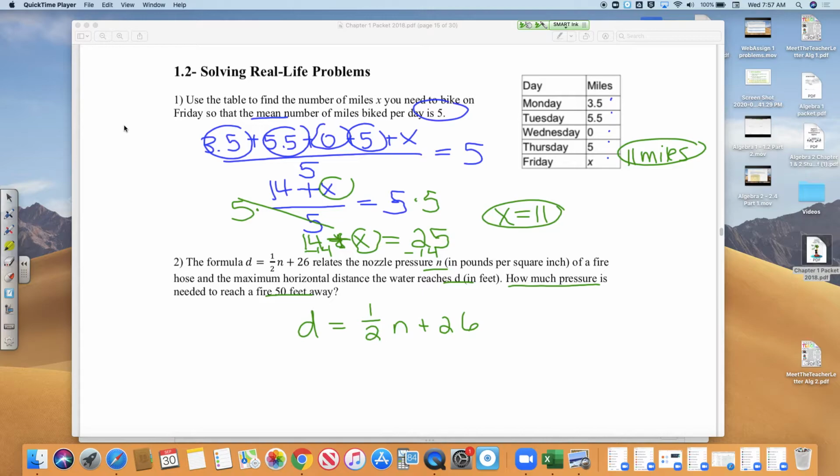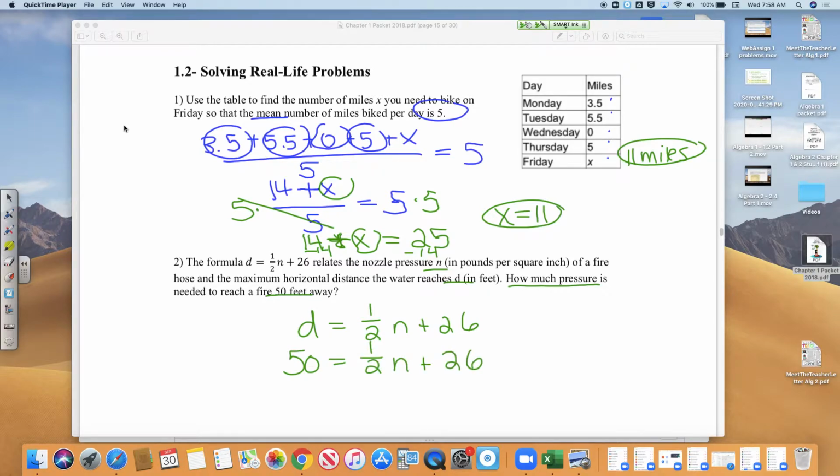So the first thing I'm going to do is realize that that 50 needs to be substituted in for one of the variables. And you need to decide, will it go in for D or will it go in for N? Well, I think that it will go in for D because D stands for distance and that's 50 feet. So I'm going to replace in 50 here.